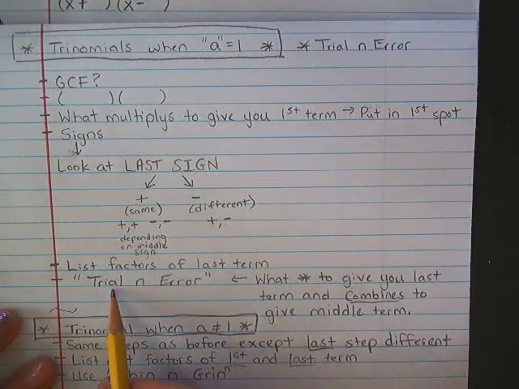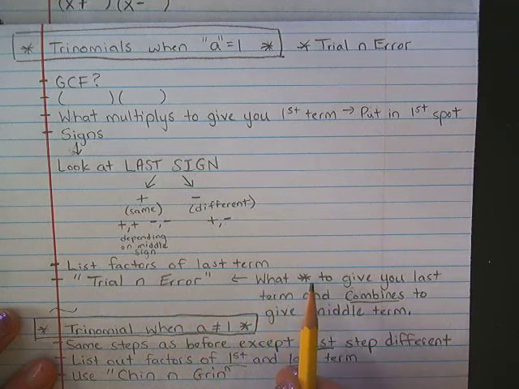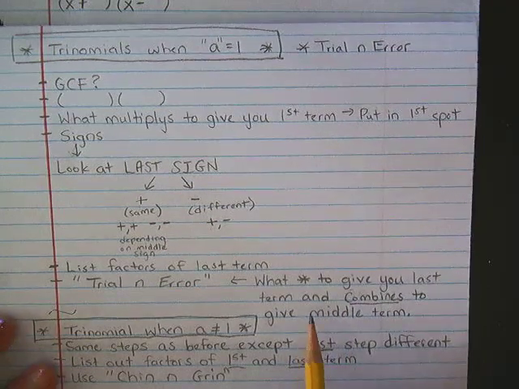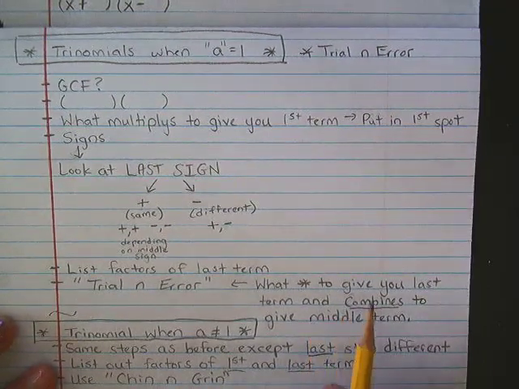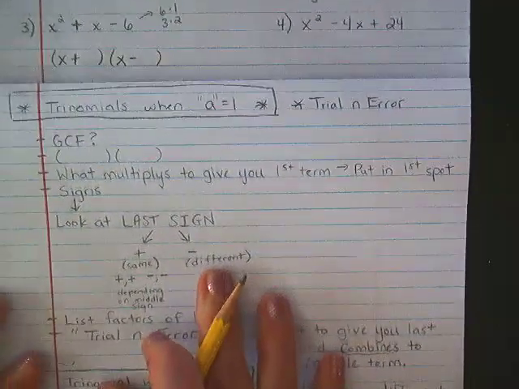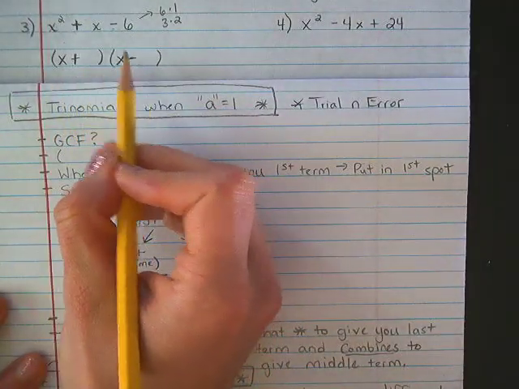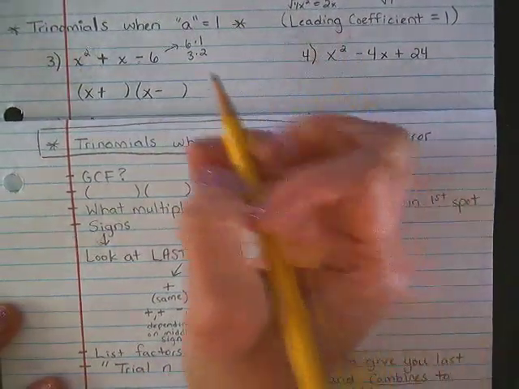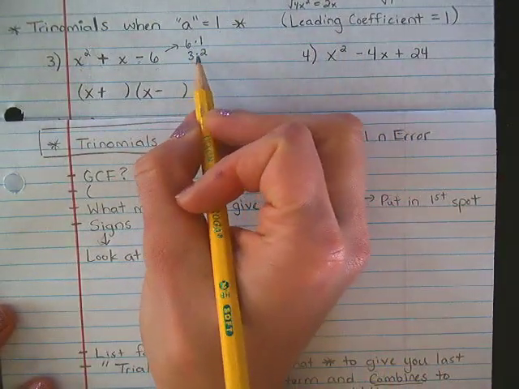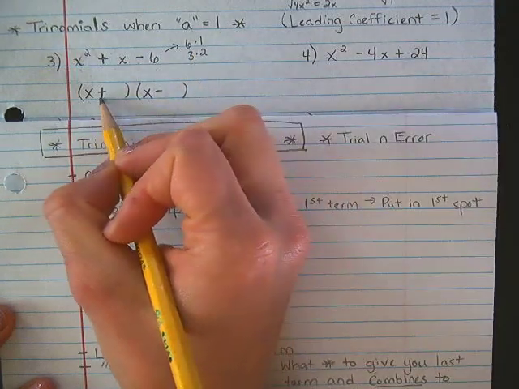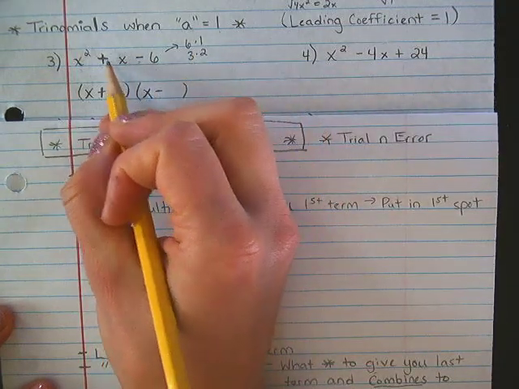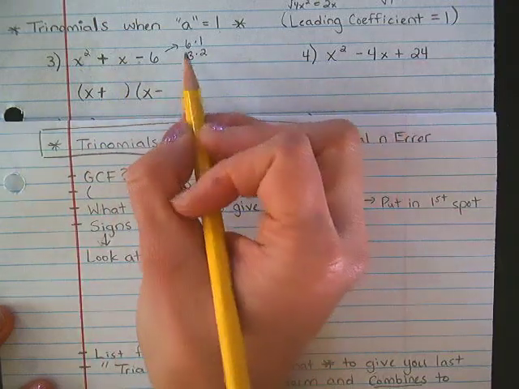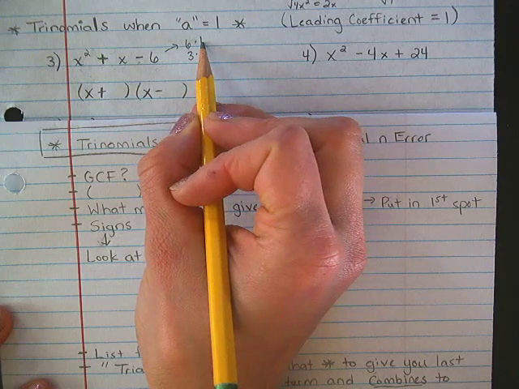Okay, you're going to look at those numbers and you're going to ask yourself, what numbers multiply to give you the last term? But out of those numbers, they have to actually combine with whatever signs you have to give you the middle term. And so when I'm looking at these, I'm going to say to myself, okay, which of these numbers will combine with different signs to give me this number in the middle? So that number in the middle is technically a positive 1. So like if I take a positive 6 minus 1, that's not going to do it.